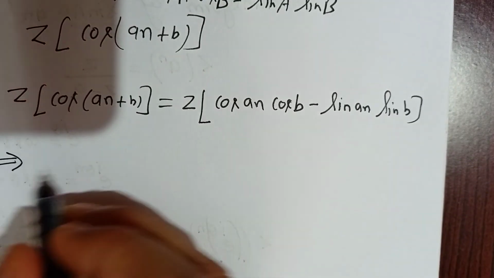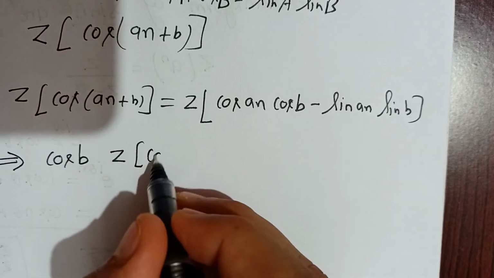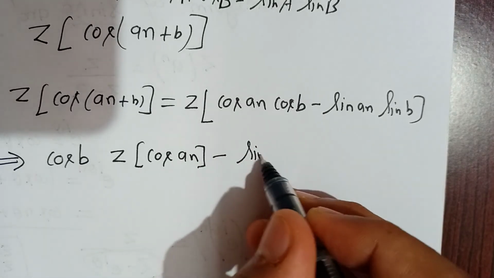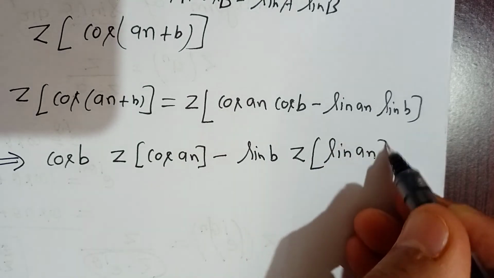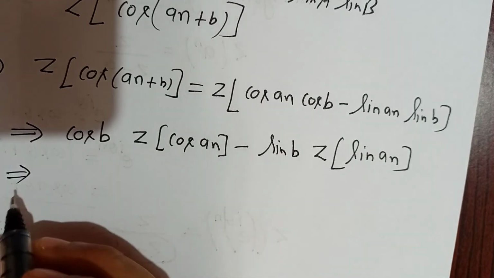So this equal to cos b Z transform of cos an − sin b Z transform of sin an using the linearity property of Z transform.